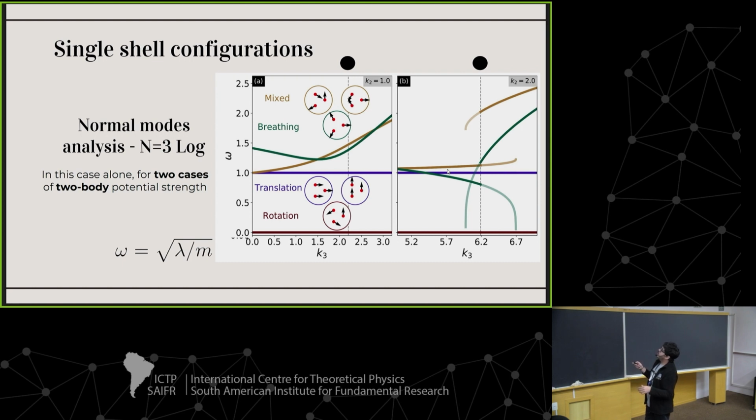So we have some information about these transitions, not only the crossover, but also the discontinuous transition. In this case, we changed the two-body potential strength, but it was only in this case.